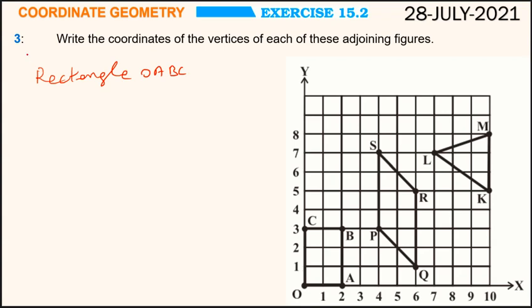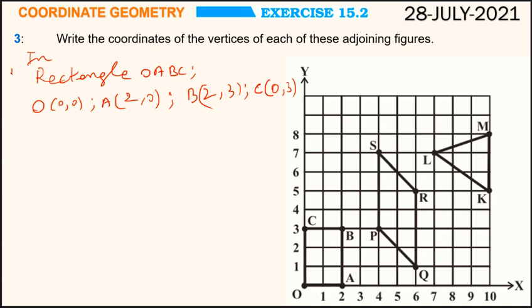In that rectangle OABC, coordinates are O 0 comma 0, A is lying on the x axis, so 2 comma 0, B is 2 units away on the x coordinate, y coordinate is 3, you can straight away say, and C is lying on the y axis, so its x coordinate is 0, 0 comma 3.